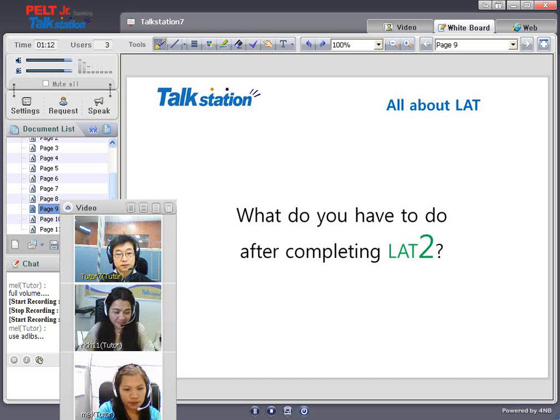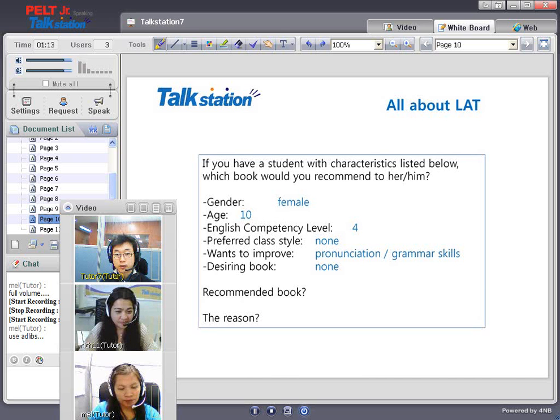When we compare LAT1 and LAT2, the level assessment and book recommending is not easy. In LAT1, the tutor needs to be equipped with some skill regarding book recommendation, so let's look at this together. Let's say the tutor who conducted LAT1 has this information on hand.